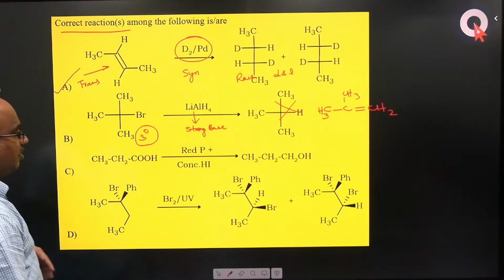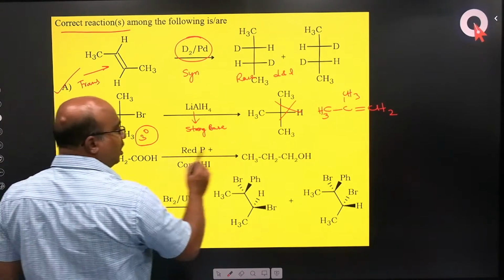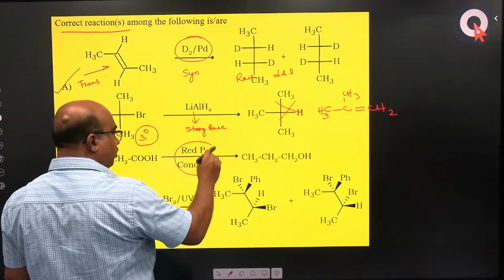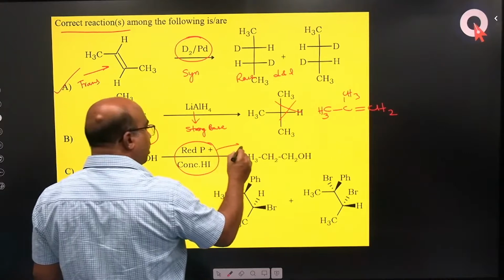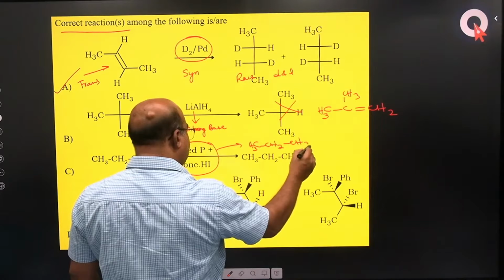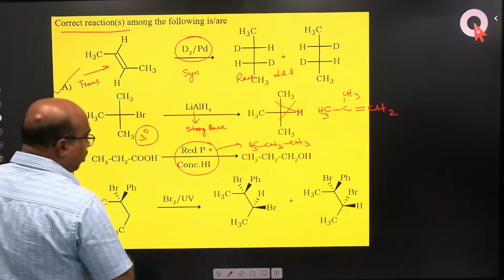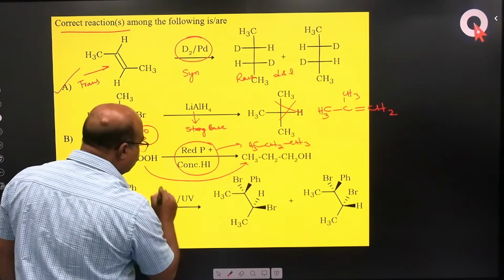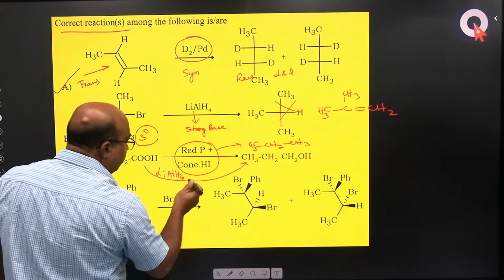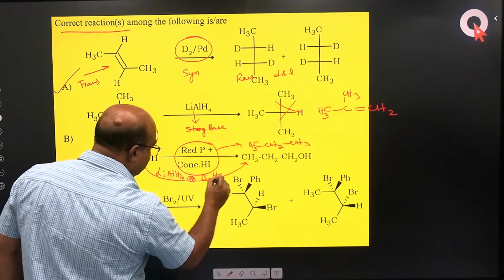Next, this is the red phosphorus with HI. As we said just now, this cannot convert into alcohol. Red phosphorus with HI and the acid directly gives alkanes, so CH3, CH2, CH3. But to get alcohol, what should I do? If you want to reduce acids into alcohols, we can use lithium aluminum hydride, or acids can even be reduced with diborane in THF.